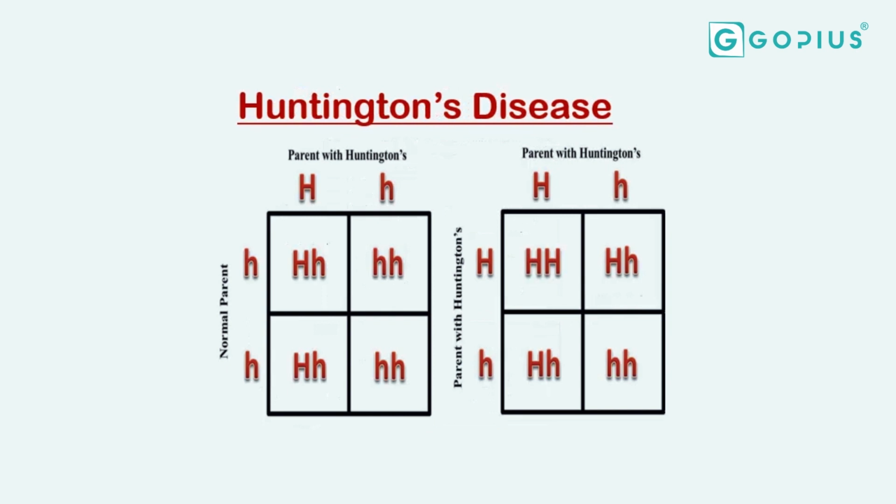The next disease we're going to look at is Huntington's disease. Huntington's disease has to do with a parent that has, this time around, the capital H. Anybody that has the capital H has Huntington's disease. Now, what is Huntington's disease?